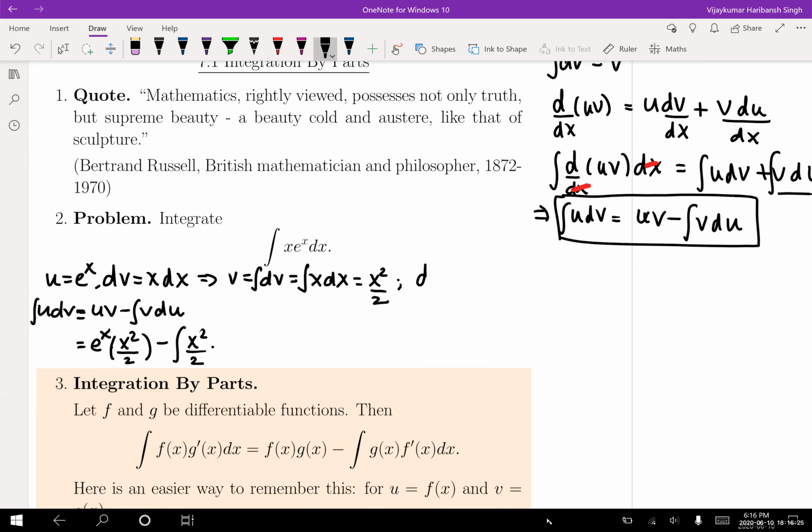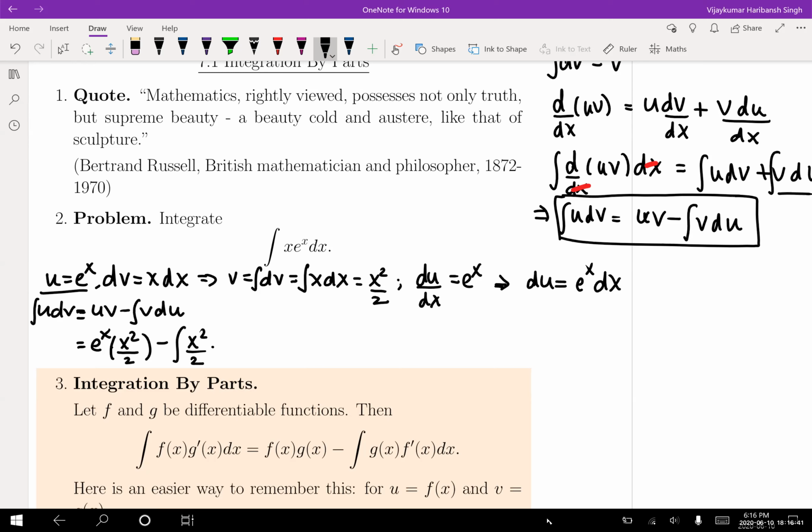So du by dx, if you look at u is e to the x, so du by dx is again e to the x. This implies du equals e to the x dx, and then you integrate this; instead of du you write e to the x dx.